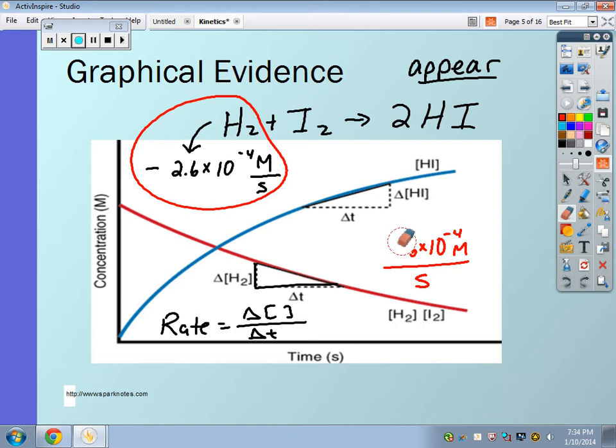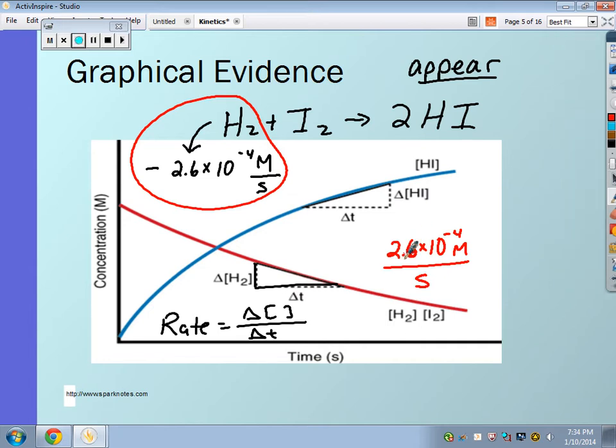So if H2, I'm just having pen difficulties today, sorry. So if H2 is going away at a rate of 2.6 molarity per second, this is hydrogen, how fast is hydrogen iodide being made? You're going to use stoichiometry to do this. You do not want moles of hydrogen.